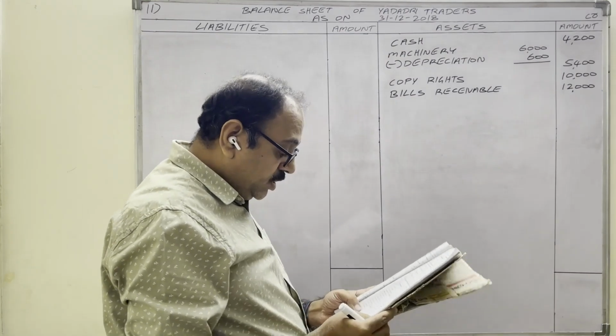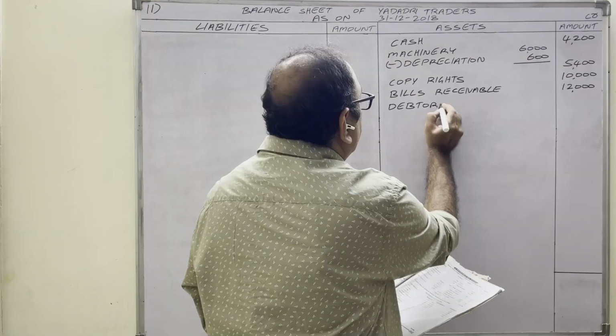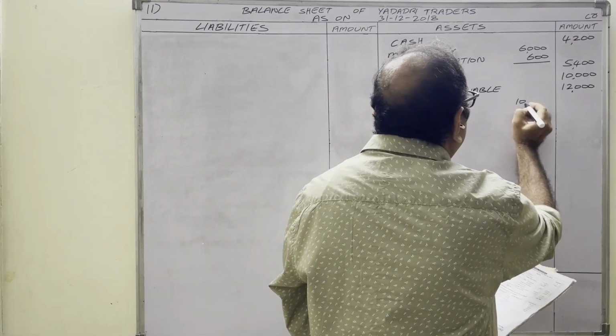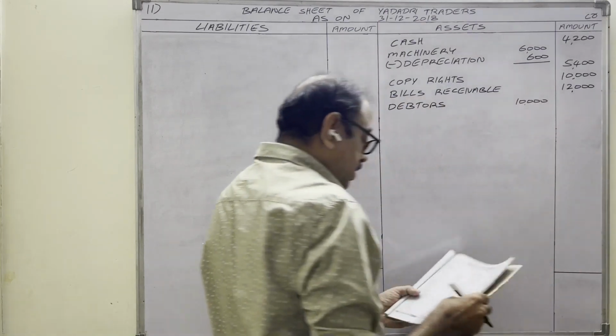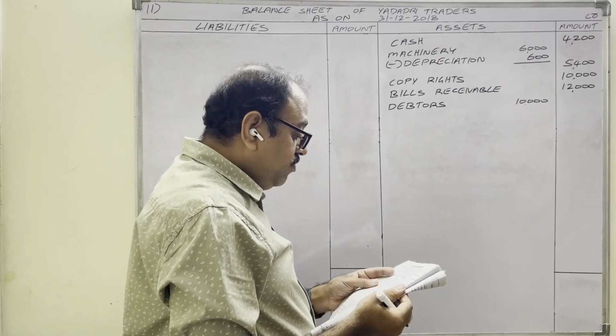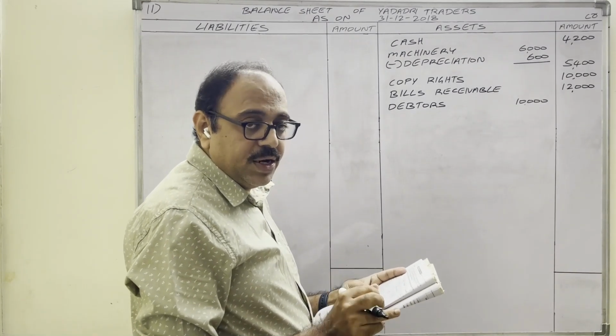Opening stock, printing and stationery, coal and gas, debtors, asset. Adjustment is a provision. Therefore, debtors' amount in inner column, 10,000 rupees. Adjustment: create 6% provision for bad and doubtful debts. So in the profit and loss account, we have calculated 600.